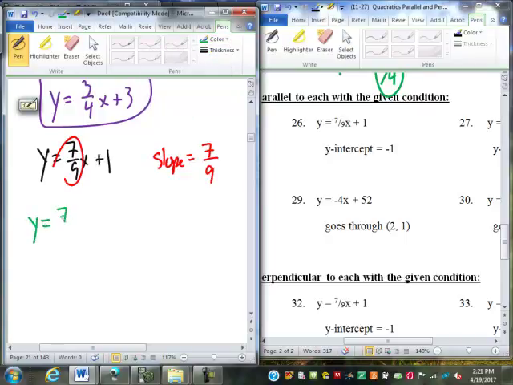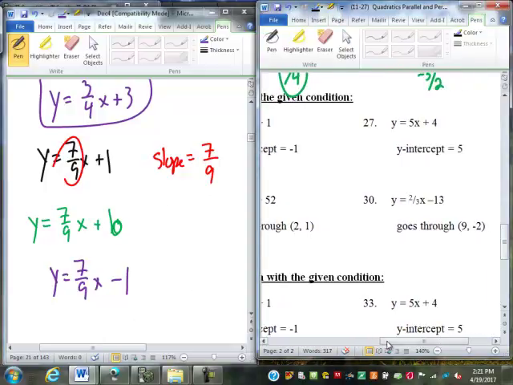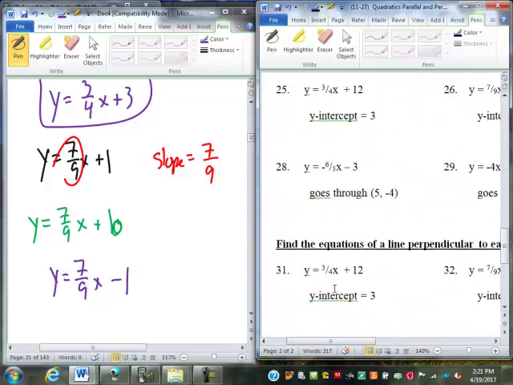So y equals 7/9 x plus b. What's going to go in for b? -1 is the y-intercept. So y equals 7/9 x minus 1. 27 is very similar to that. It's going to give you y equals 5x plus 5. 28 gets a little more interesting.